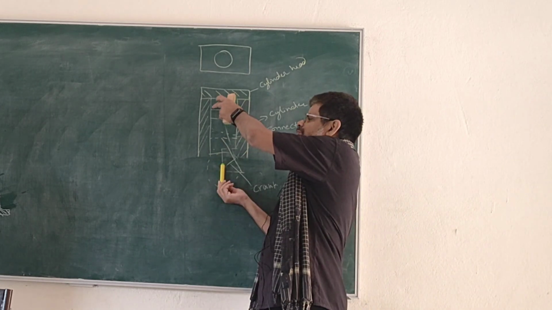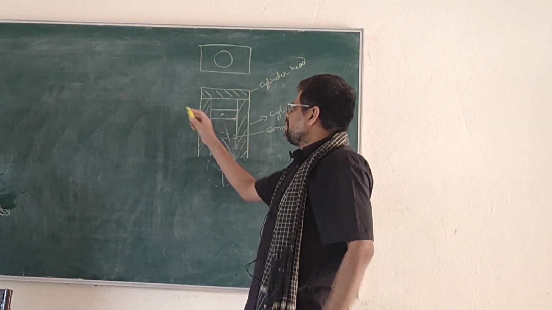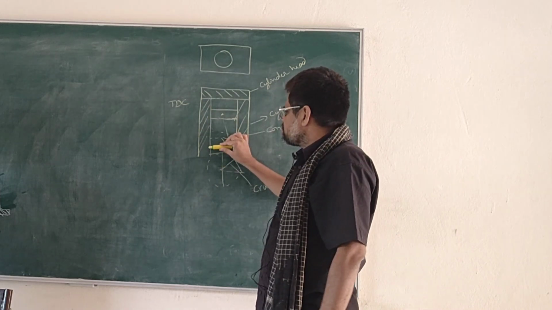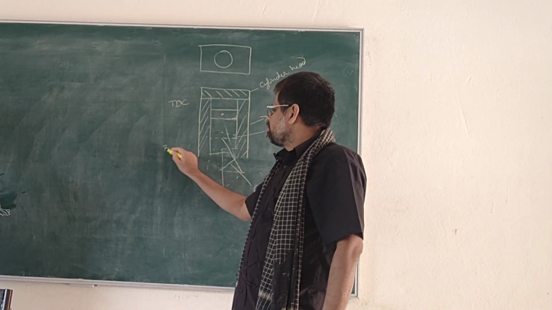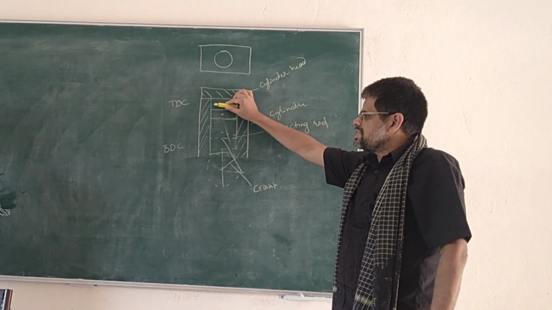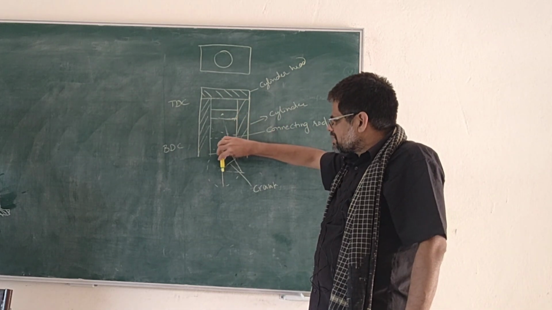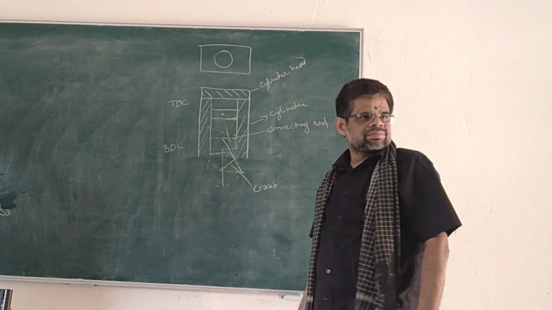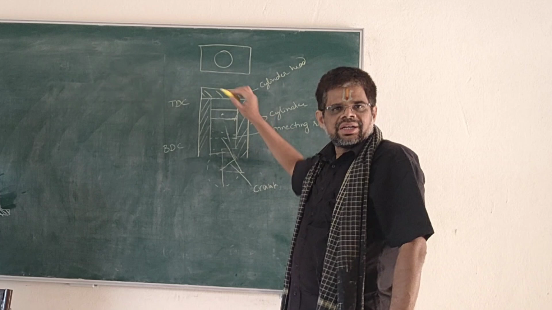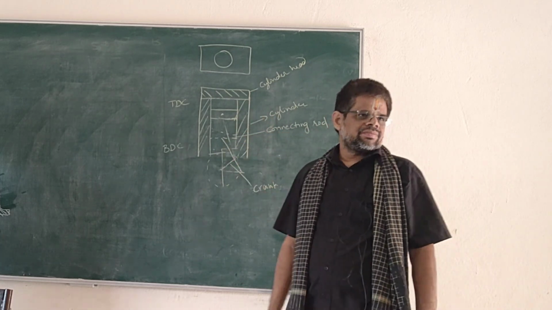When the piston moves from top to bottom, the topmost position is called TDC, top dead center. I will explain once again. The bottommost position is called BDC, bottom dead center. When the piston moves from TDC to BDC, the crank makes a 180 degrees revolution. And again when the piston moves from BDC to TDC, the crank makes the remaining 180 degrees revolution.